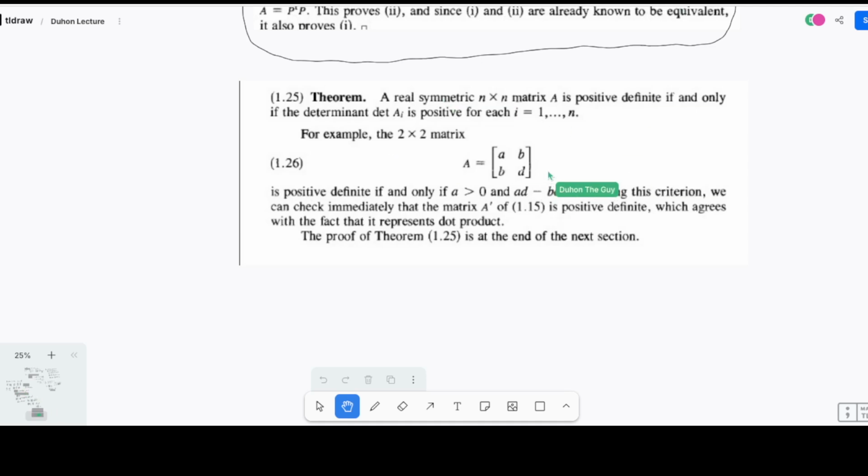And then we find here that we can determine if a matrix is positive definite by simply applying these two conditions to it. Actually, it's a single condition, just that the determinant is positive. But technically, it says two things here. I'm not sure why he separates one thing into two and then just has the first thing.